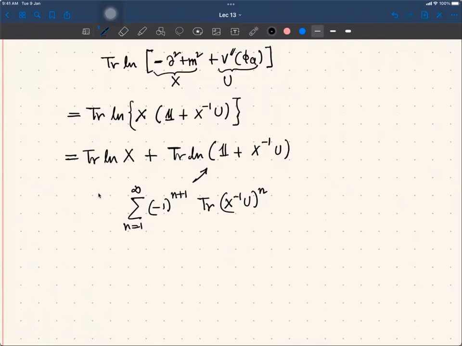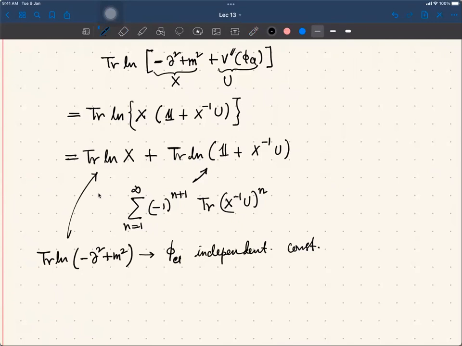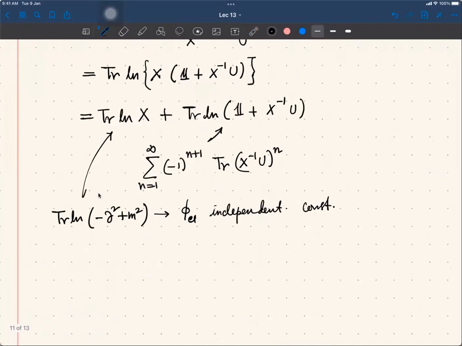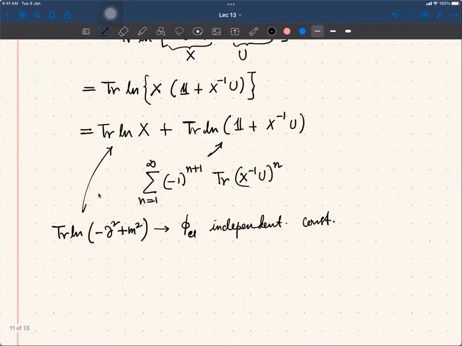Sorry, that's not quite right, there will be a 1 over n. Now the trace log X part, which is trace log of minus del squared plus m squared, is phi cl independent and therefore a constant piece, so we can drop it from the effective action. If we do, then we are left with this term.